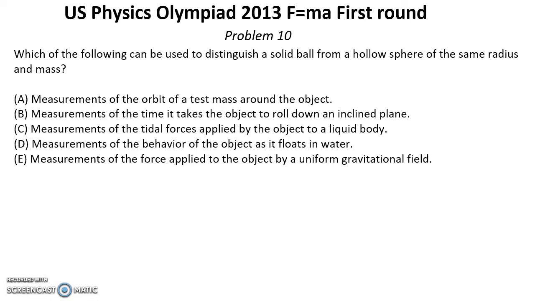And if we use answer B, measurements of the time it takes the object to roll down an inclined plane, in that case a hollow object will roll longer than a solid object, and this is correct answer. For other answers there is no difference for hollow or solid object.